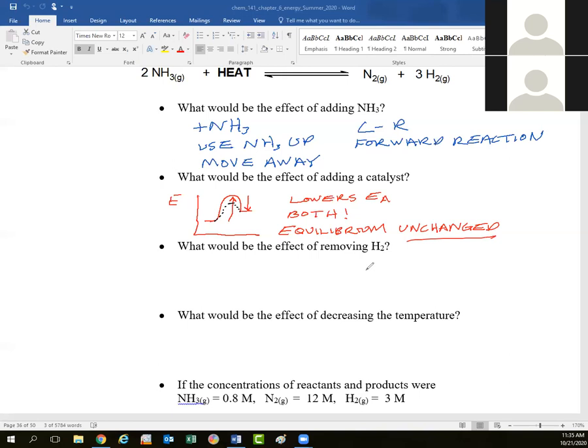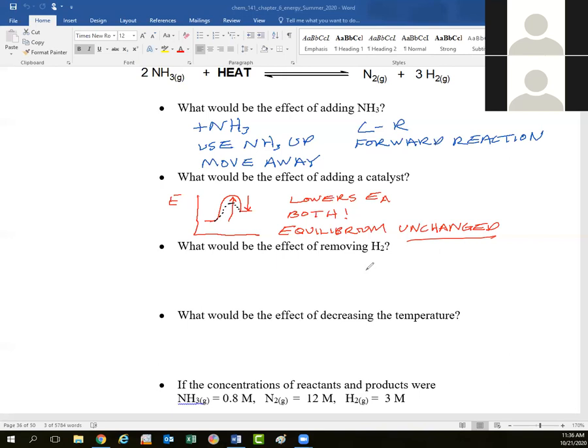Adding a catalyst does not affect the position of equilibrium because we gave a boost with easier collisions for both the forward and back reaction. The only notable difference is that we actually reach that point of equilibrium faster.